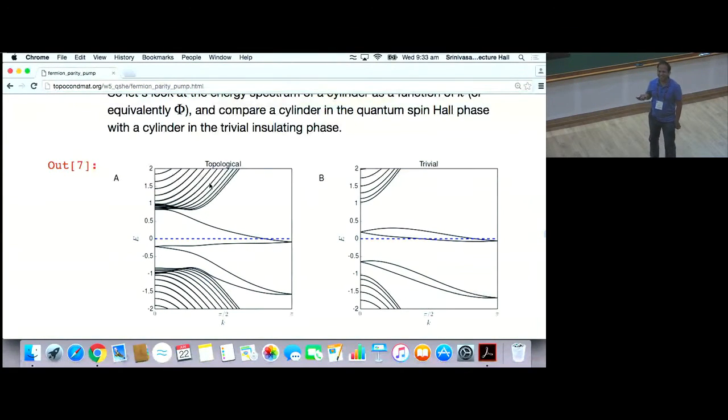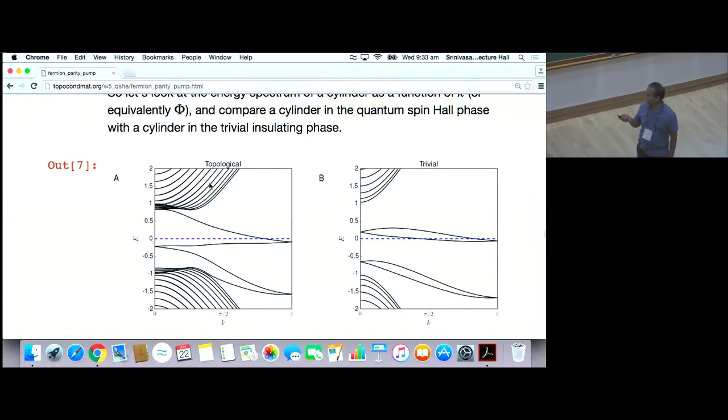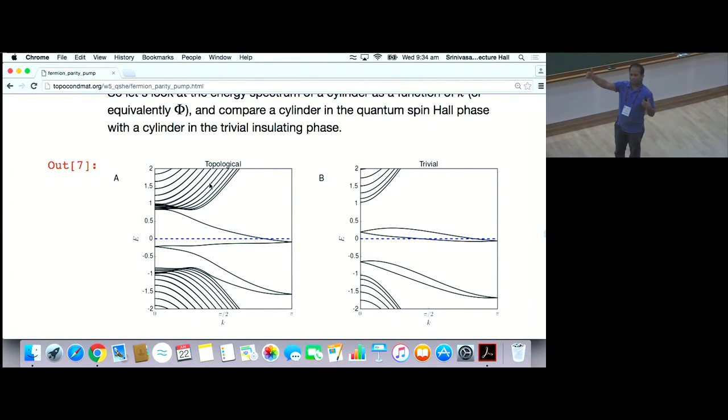Okay, good. I'll take that. And I'm not going to even ask you why. But basically, yeah, these levels are all empty, and everything below is filled. So when one level crosses the Fermi level, this is what you saw in all cases before, even with the fermion parity pump, you get one extra electron. So there's one extra electron on one edge, and there's another extra electron on the other edge.